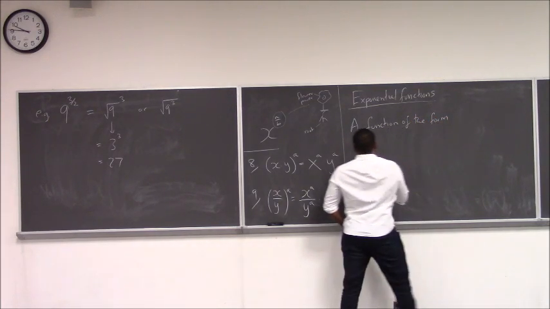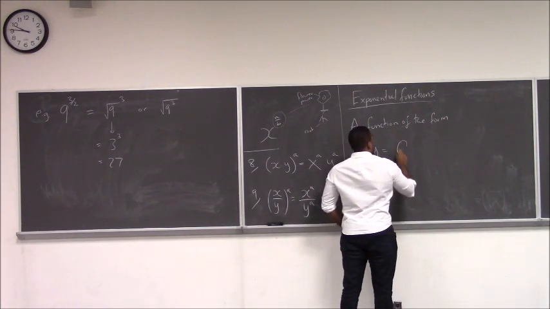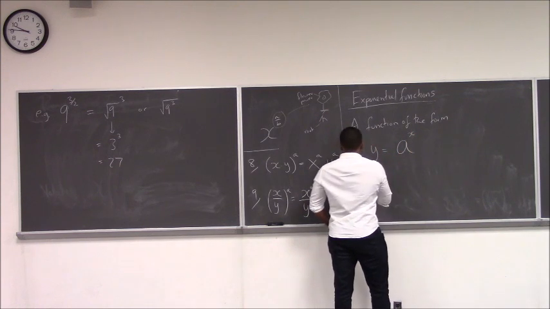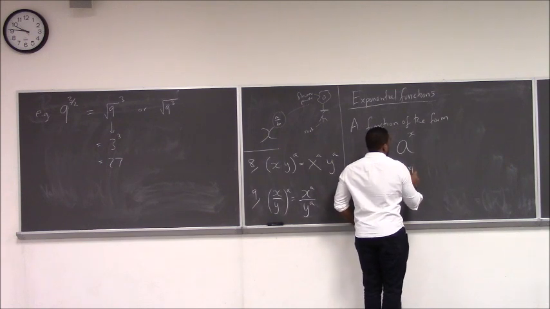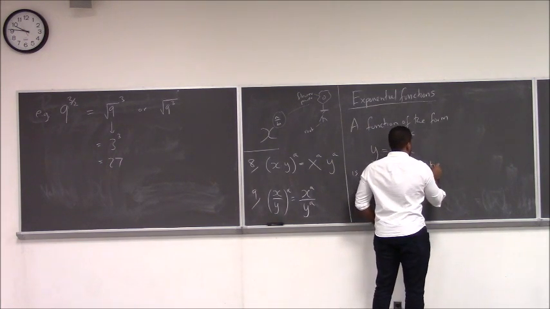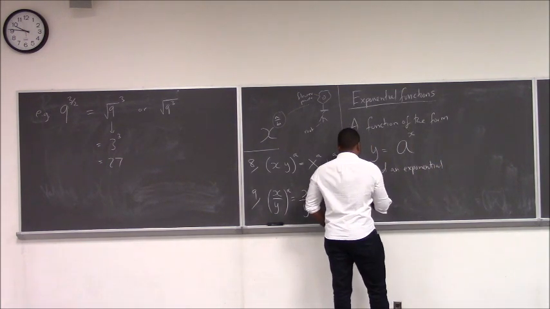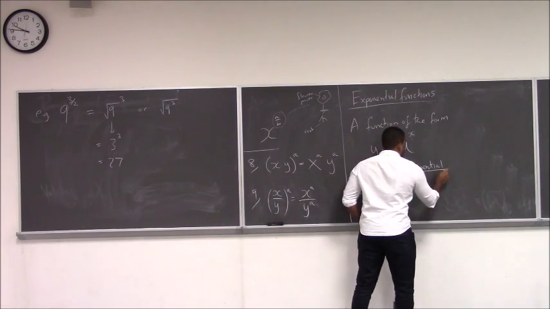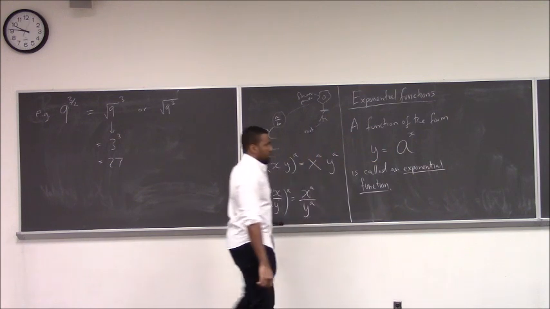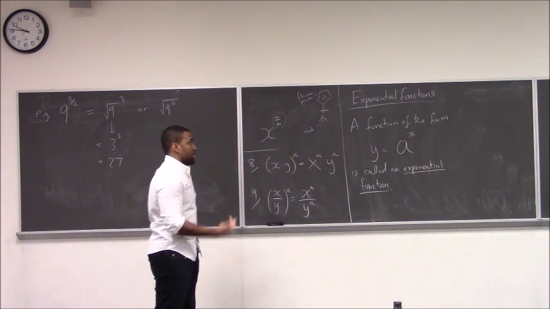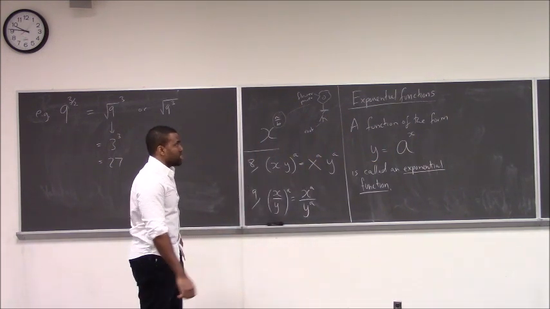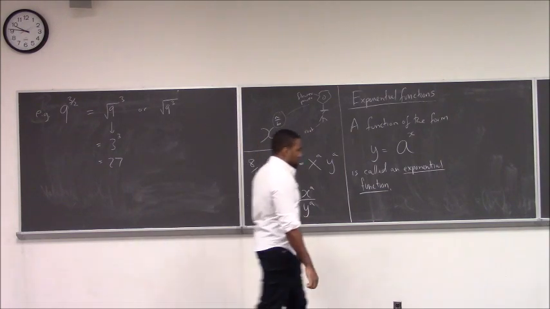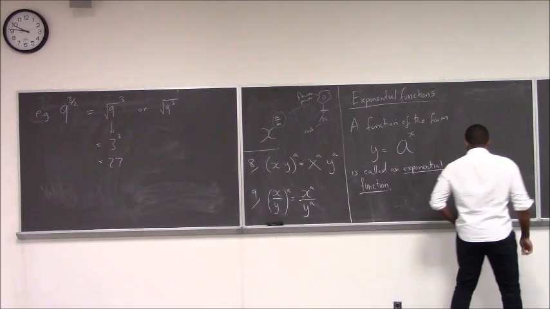A function of the form, say y equals a to the x, is called an exponential function. It's a very important kind of function, and there's one of these functions that's in particular very important, but this is called an exponential function.